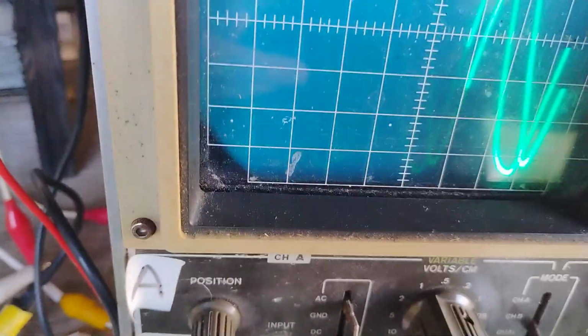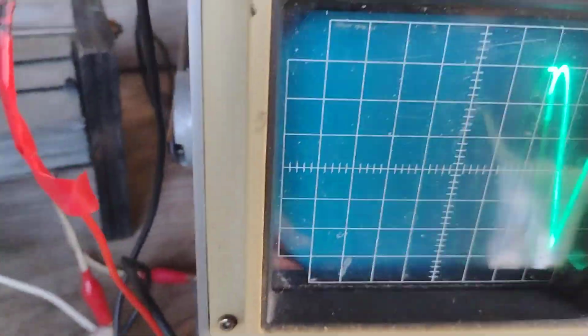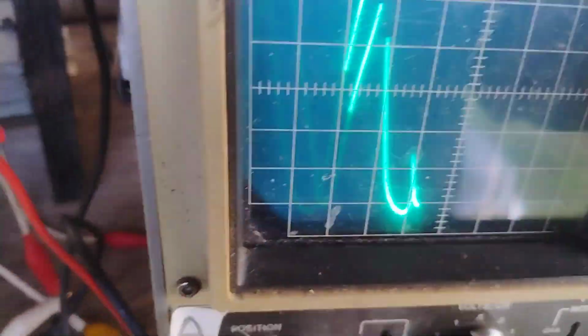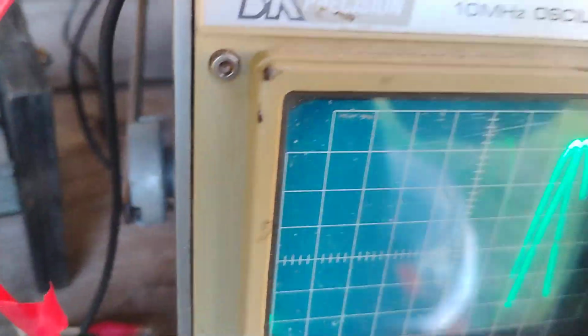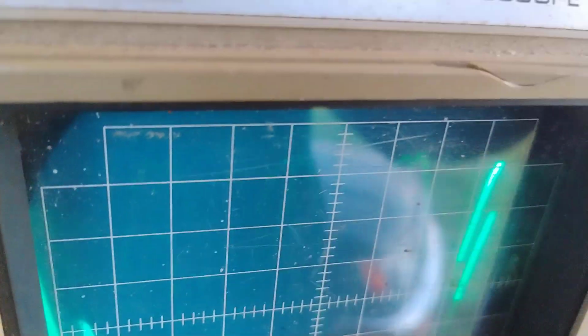So that's like 90 degrees. This is all a 90-degree phase shift going on. So I can play around with more and more current input, more and more volt-amps reactive in, but the watts, if it's 90 degrees, it's going to be a power factor of 0.